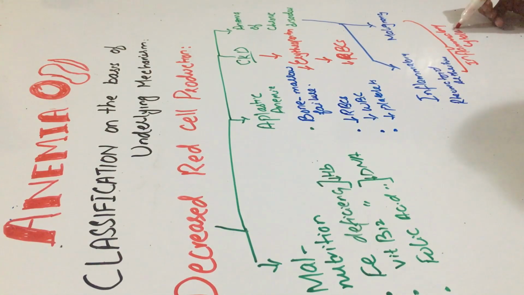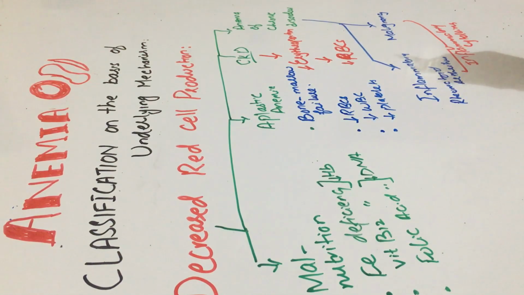And these inflammatory cytokines either reduce the production of erythropoietin by the kidney and liver, or they don't allow the erythropoietin to act on the bone marrow. So in that condition there would also be reduced production of RBCs, because erythropoietin cannot function properly or is not being produced normally.